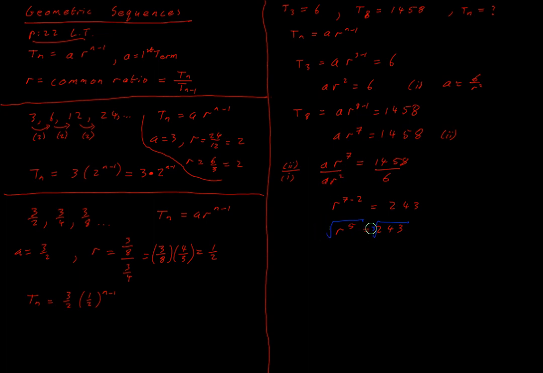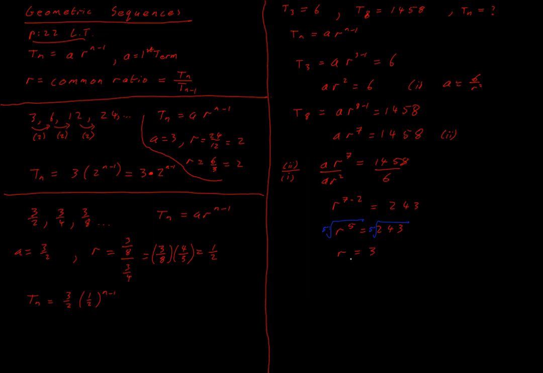I'm taking the fifth root to get rid of a power of 5. That's a fifth root on our calculators. So r is going to be equal to 3.